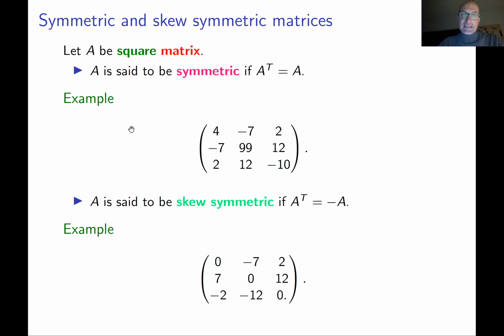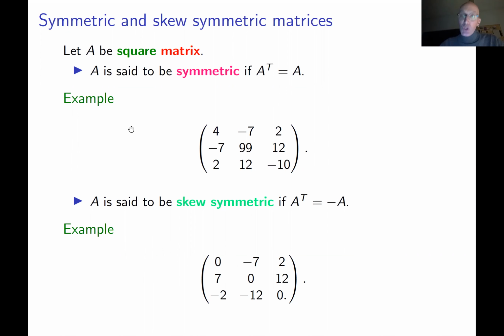So it means it's symmetric. Symmetric matrices play an important role in mathematics. One of the most important results of this course is about symmetric matrices. It's one of the last big theorems in this course, which we're going to do in week 10. So you really have to know what symmetric matrices are.